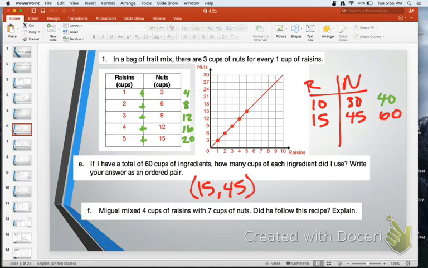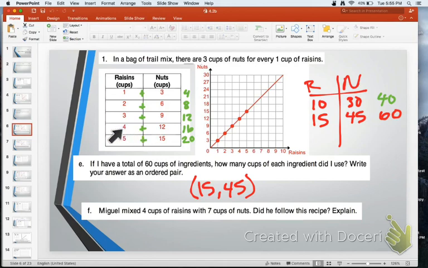All right, now Miguel mixed 4 cups of raisins with 7 cups of nuts. Did he follow this recipe? The easiest way to do it is, they told you right here that he had 4 cups of raisins. Well, in our chart up here, we have 4 cups. An easy quick check is, do the numbers match up?